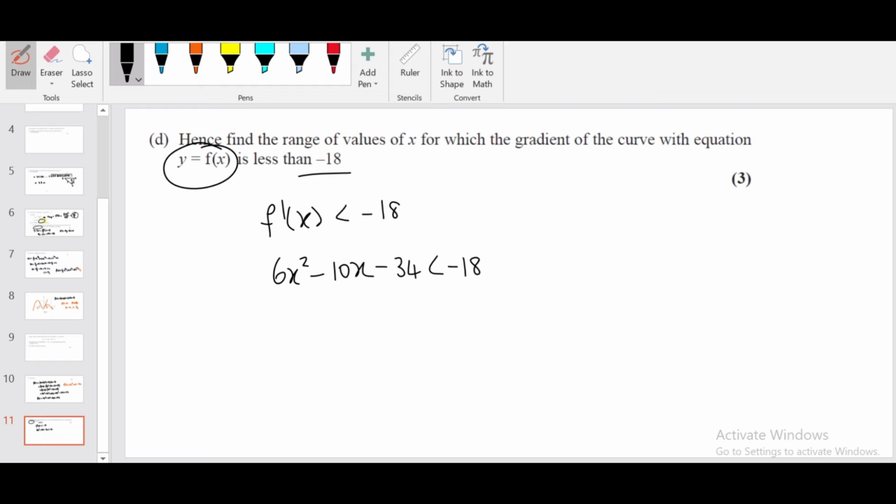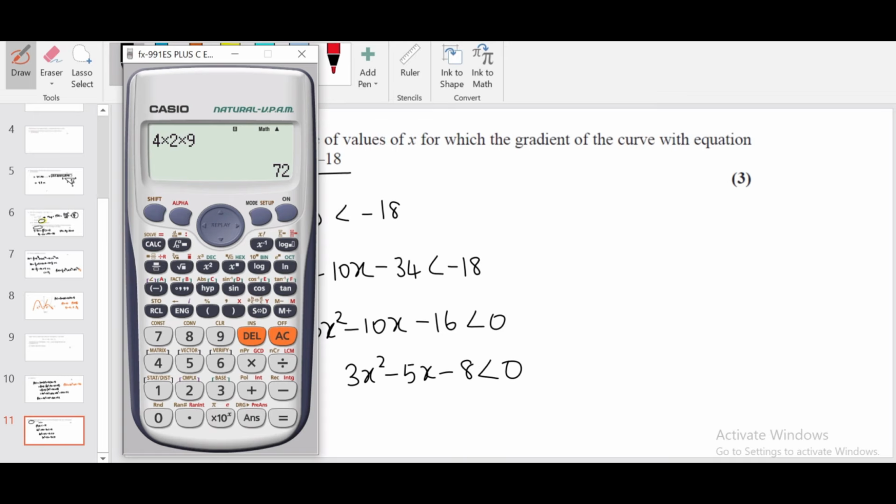Put minus 18 this side. 6x squared minus 10x minus 16 is less than 0. Divide throughout by 2. 3x squared minus 5x minus 8 is less than 0, which is a quadratic inequality.